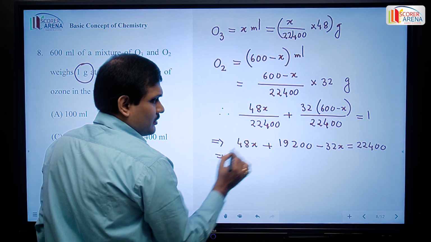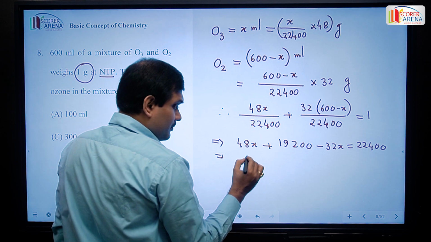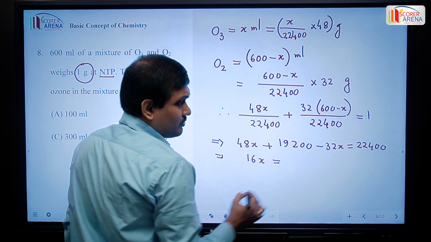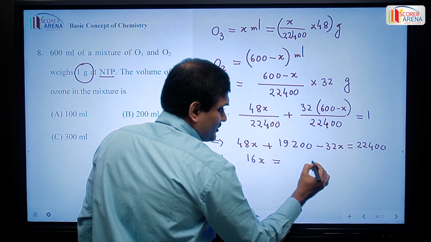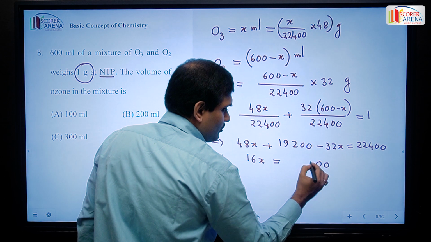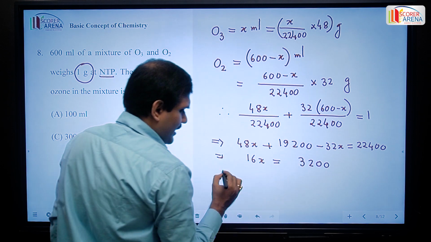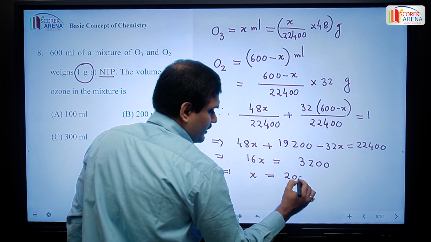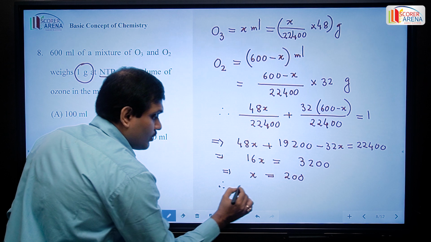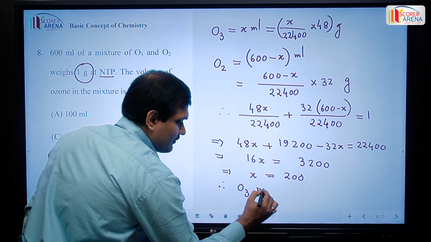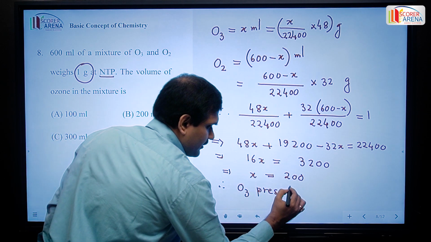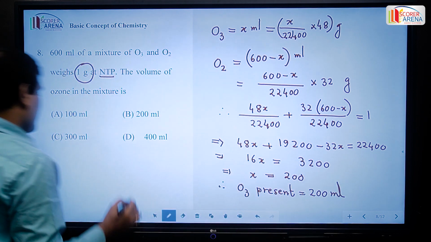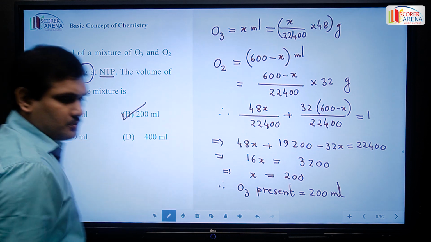So 48 minus 32, it will be 16x, that will be equal to 3200, just subtract it, and definitely x is equal to 200 milliliter. So that is 200 milliliter. Okay, so we have this option, it is 200 milliliter, option B.